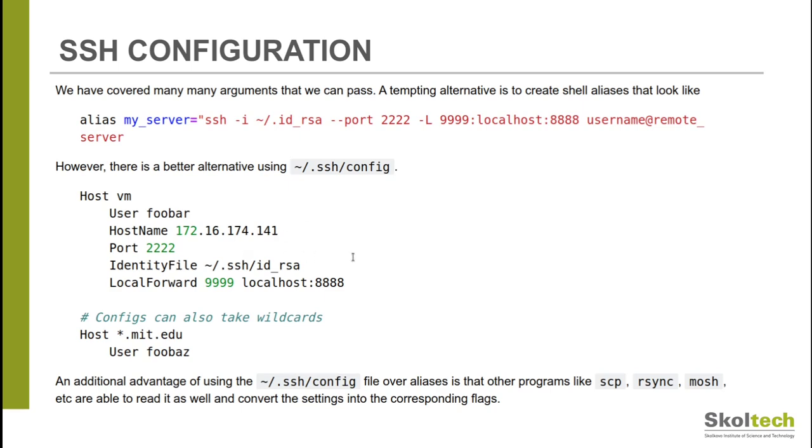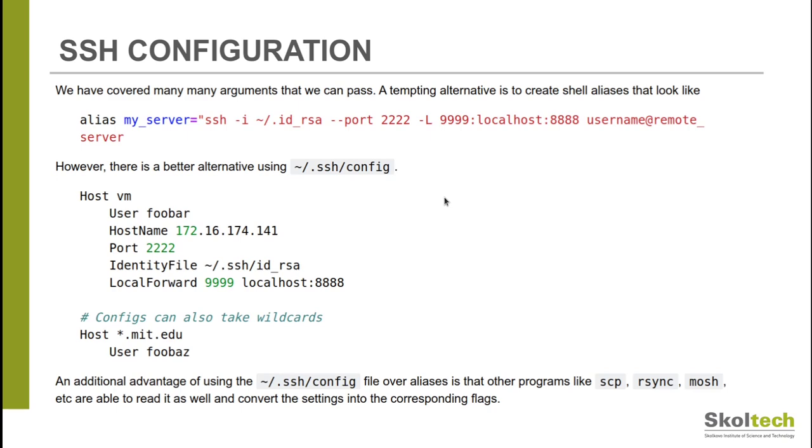However, there is a better alternative using the SSH config. It is available under the .ssh/config file. Here we can modify the configuration to not type this whole command every time.